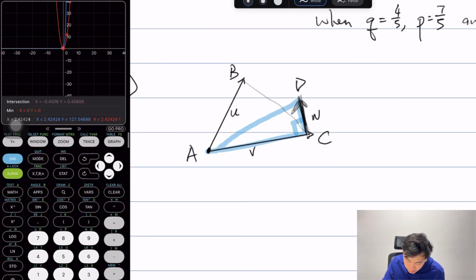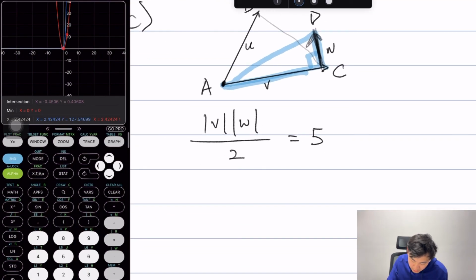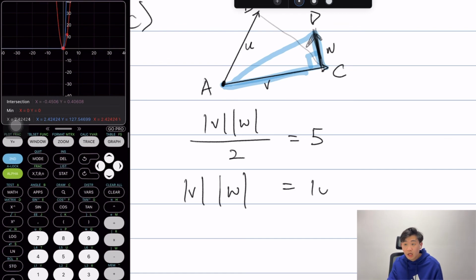So we have base times height divided by 2, which is V times W divided by 2, that equals the area. And it told us it's 5, right? So that means V times W equals 10. Make sense?